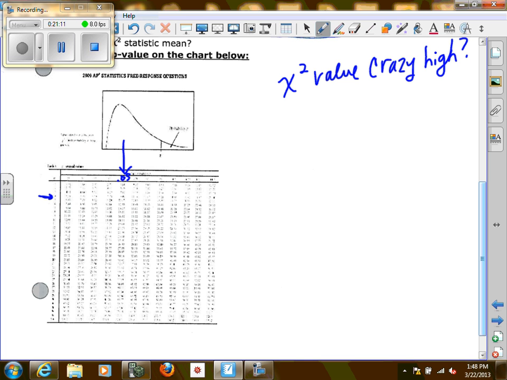This column represents all of your chi-squared values. So what is this number at 5 degrees of freedom at 0.05? If you look on your chart, that number is 11.07. Okay, so let's interpret that. 5 degrees of freedom at 5% significance level is 11.07.